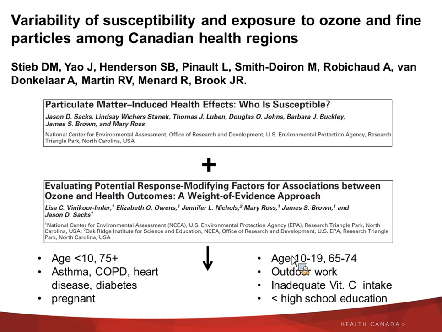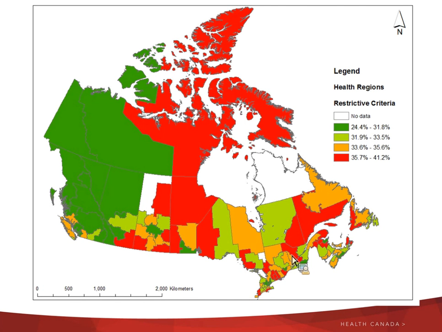And then we quantified those among 110 health regions across Canada using census data, Canadian Community Health Survey data, national fertility data, and published literature. So this shows the findings based on restrictive criteria, divided by quartile, and you can see that the percent of the population deemed susceptible ranged from about 24% to 41%.